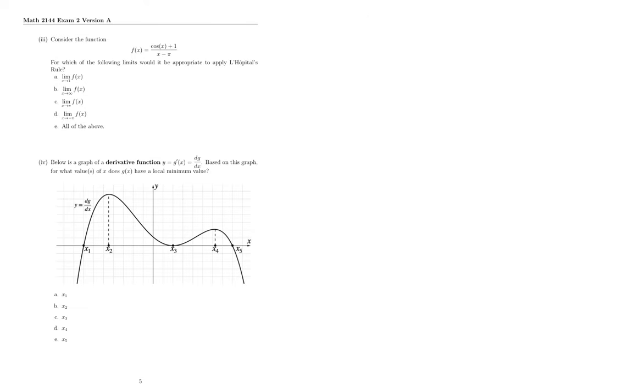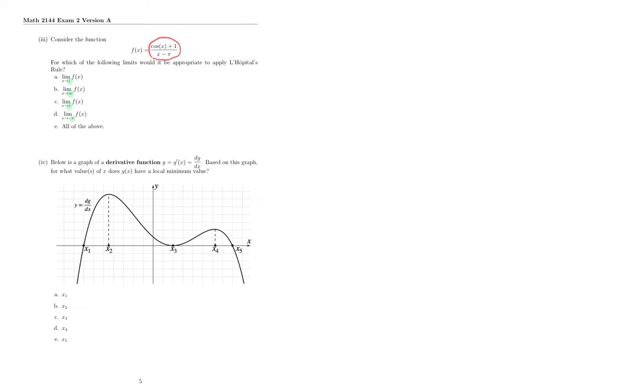Here it says, for which of the following limits would it be appropriate to apply L'Hopital's rule? So the function is a quotient like that. And so I'm asked to determine which of these limiting values would give me something where L'Hopital's rule would come into play.